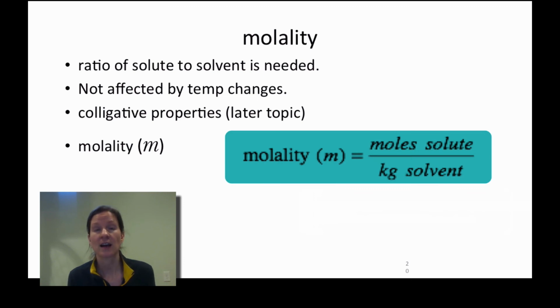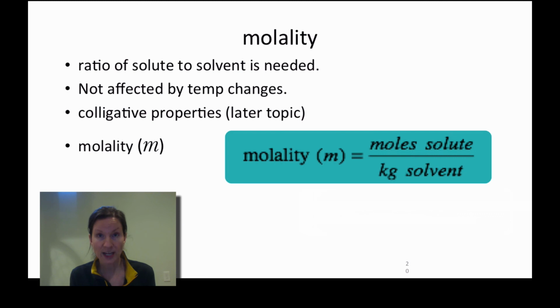If I change temperature and I'm measuring molarity, my measurements can be affected. And the reason that's important is we're going to come back around and use molality when we talk about something called colligative properties. And colligative properties are specifically a property that relates to solutions when the temperature is changing.